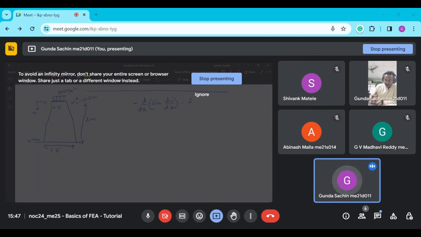First, we want to simplify the problem into 1D, and then we can use the FEM. So we can consider it directly as a 1D problem.